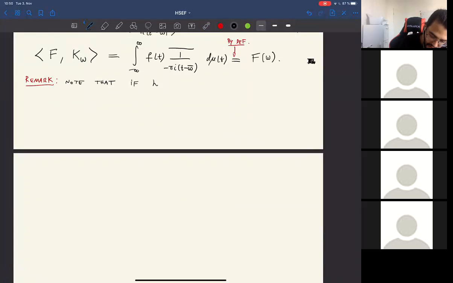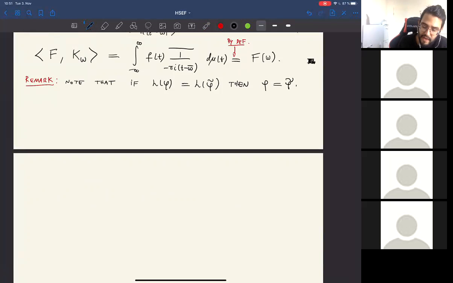Note that if L phi equals another space L phi tilde isometrically, so suppose you have L phi and L phi tilde and they are equal with the same norm, then phi equals phi tilde.